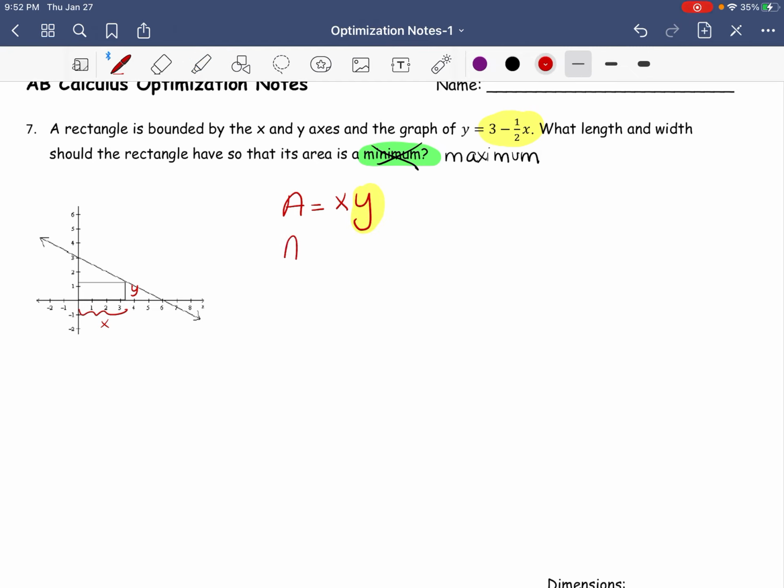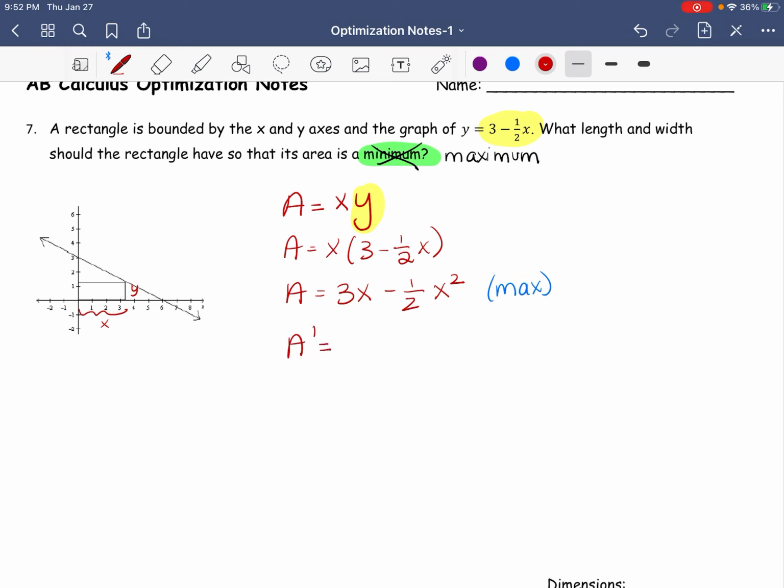Let's sub it in. Distribute. And this right here is what we are trying to find the maximum of, so that's what we're going to take the derivative of.